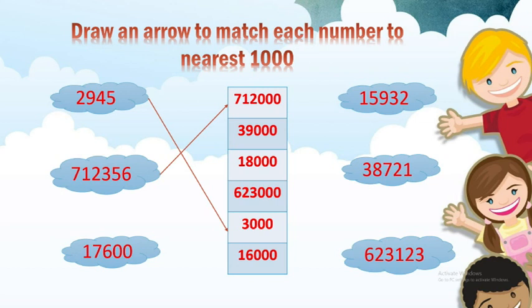17,600. Can you find out the answer of this number? Very good. 18,000. Now look at the fourth one. 15,932. Very good. 16,000. 38,721.